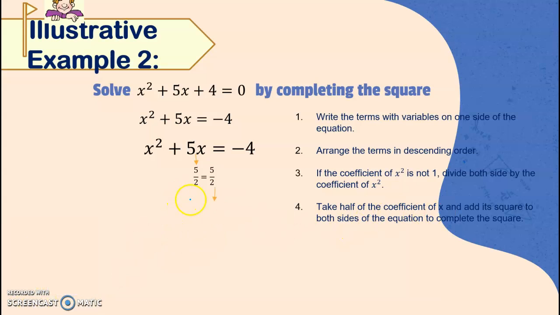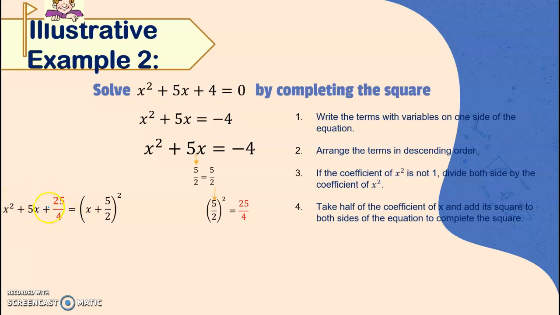Then, we square it. So, yung square ng 5 halves, that's basically 25 over 4. So, to complete the square, ito yung kalalabasan niyan: x squared plus 5x plus 25 over 4 equal to.